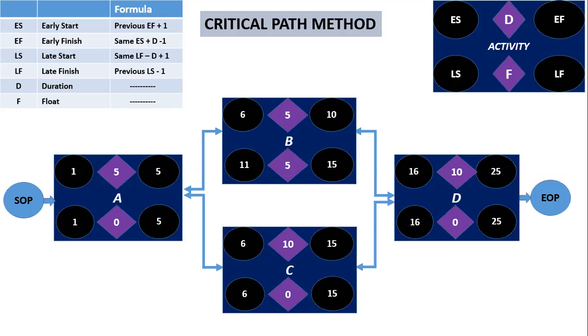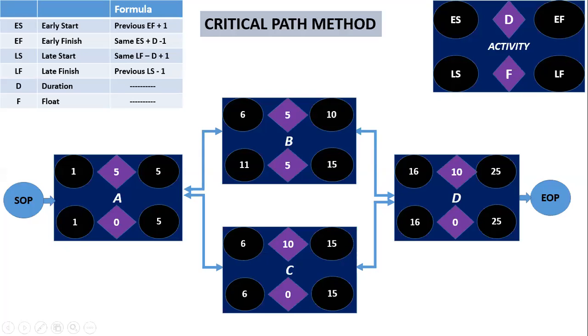15 plus 1, 16. Okay, fine. Now in this scenario, you have to take the maximum day of work, that is the 15th day. Activity D can be started after activity C, that is the 15th day of the project.